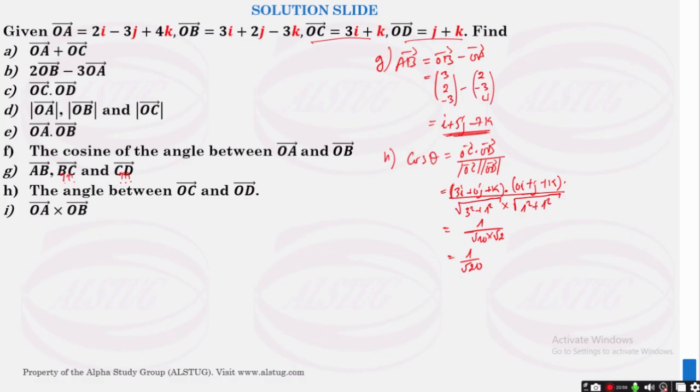Root 20 is the same as root of 5 times 4, so we end up with 2 root 5. Now we are looking for the angle here, not the cosine of the angle, which means theta will be equal to cos inverse of 1 on 2 root 5. This will give us an angle of 77.08 degrees if we punch our calculators properly.